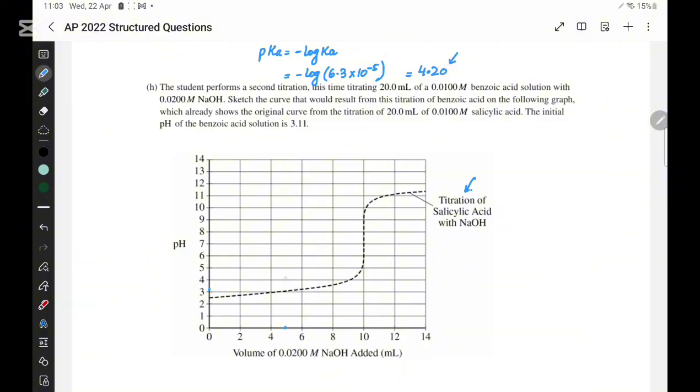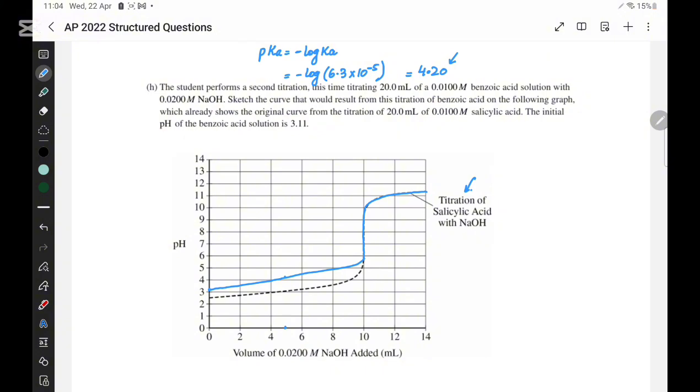So 4.20 lies somewhere at this point, at the half equivalence point. So this line has to pass through this place, and then it needs to go like this. And at this point, as the concentration of NaOH is the same, it will also remain the same.